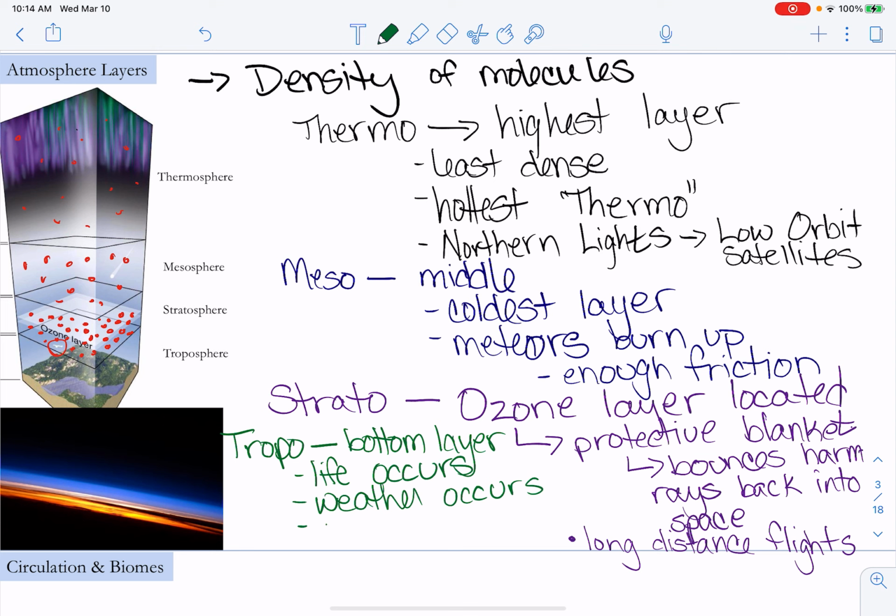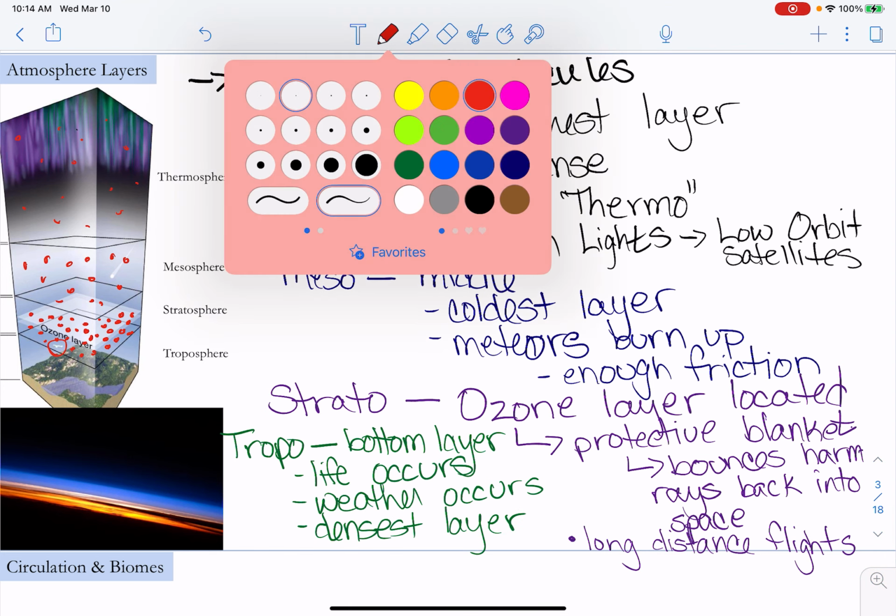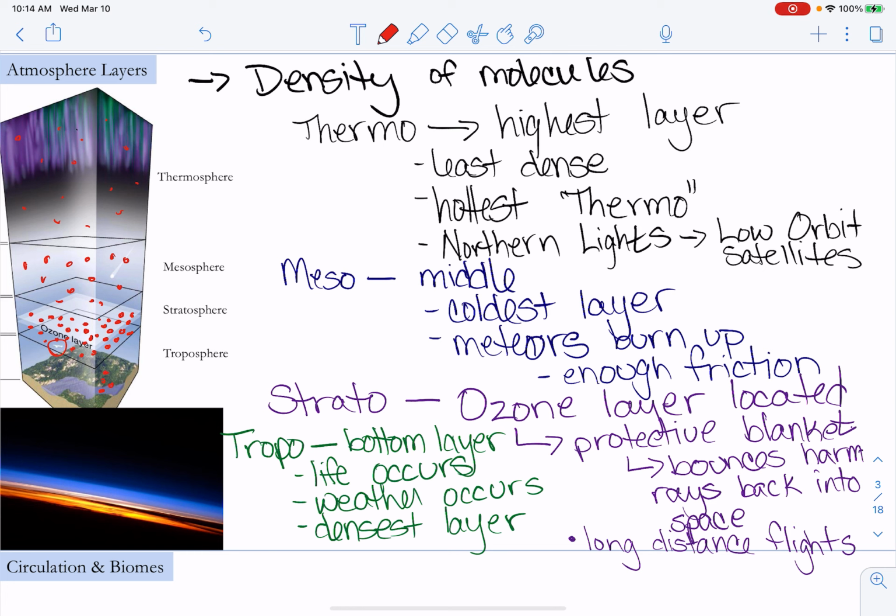It is also the densest layer. So when we're talking about the atmosphere and changes that we're doing to air and air pollution, we're really talking about the troposphere. Most of our talk about air and air pollution is dealing with the troposphere. It is the most dense layer.